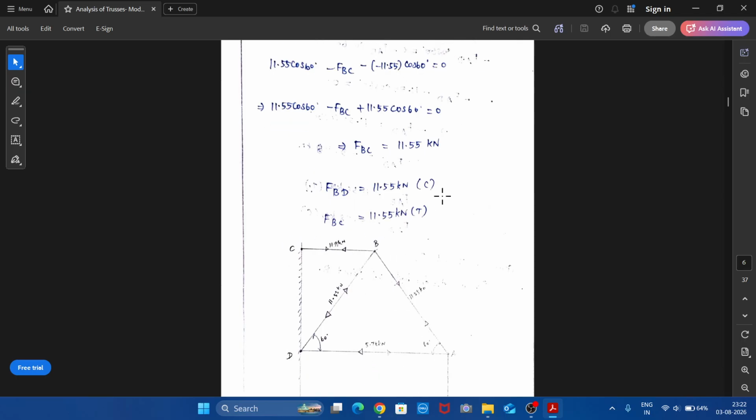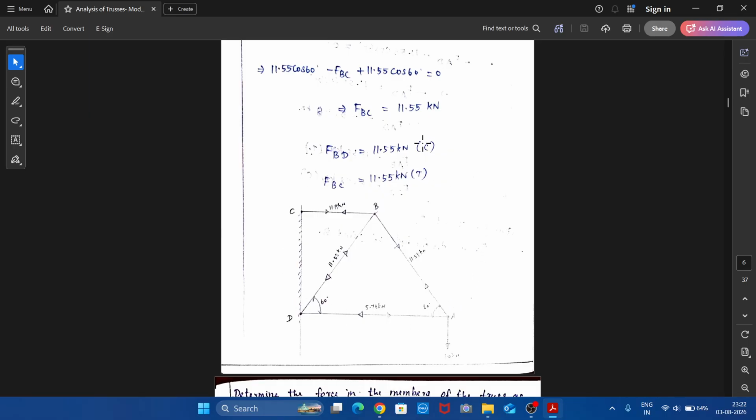After finding, we can mark the forces on the given truss like this. We have got F_AB as 11.55 tensile force. So tensile force should be marked like this, say a downward arrow and an upward arrow, because we know that tensile force should leave a joint. If I take joint A, this force is leaving. Similarly, if I take joint B, this force is leaving.